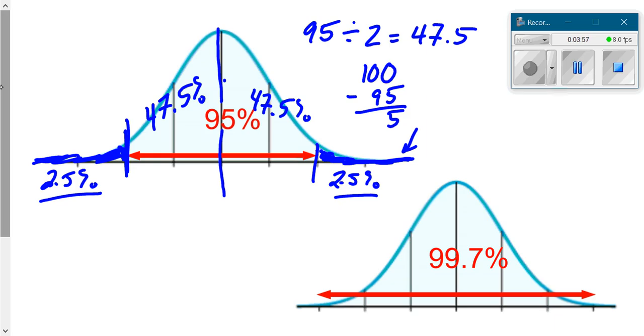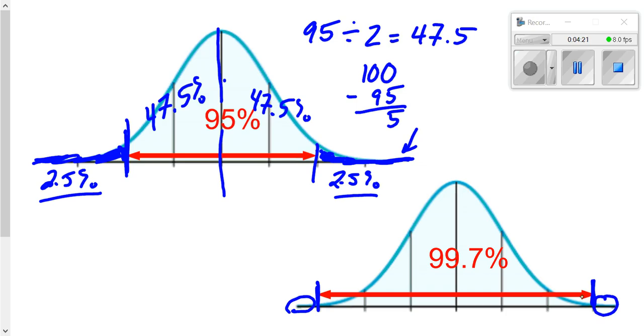The next graph shows the last number in the empirical rule. And this one, I think, is the one that caused some problems in your answers in the exit slip. So this shows that from this line, which is 3 standard deviations below the mean, to this line, that's almost everybody, but it's not quite everybody. Do you see how there's a little tiny bit down here?